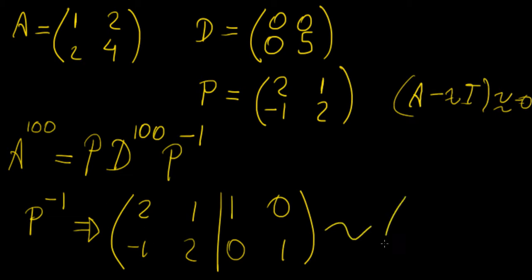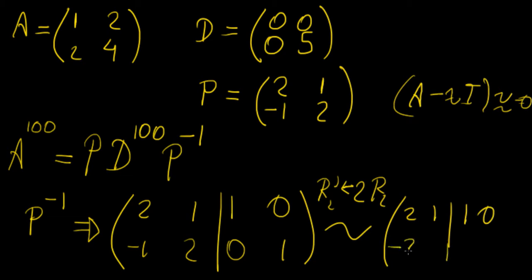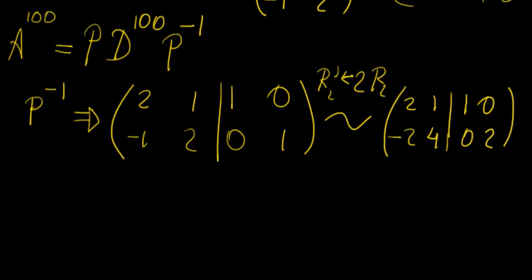So the first thing we can do is take row 2 and multiply by 2 essentially. So we're going to get 2, 1, 1, 0, and then minus 2, 2, 0, 2. Sorry, this should be 4 here, not 2. So this is the first change we can get.